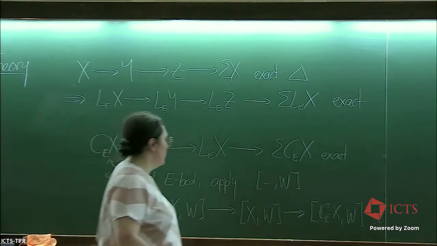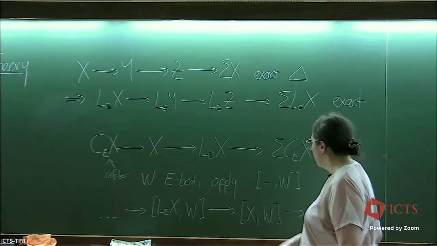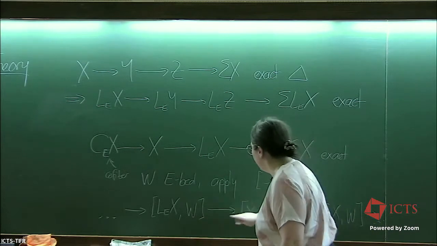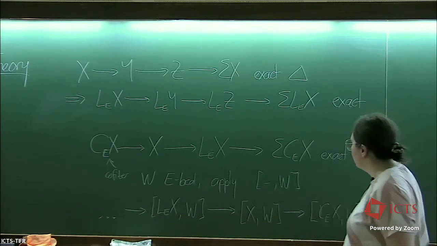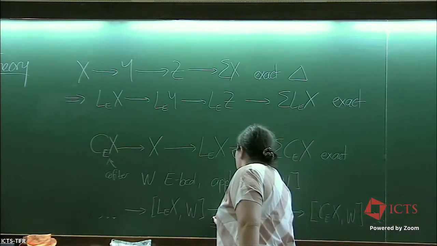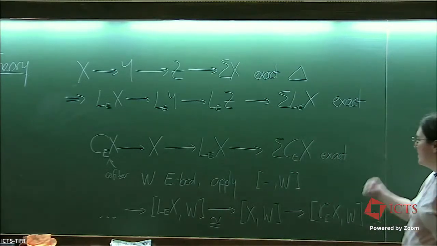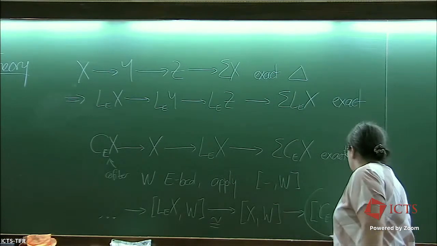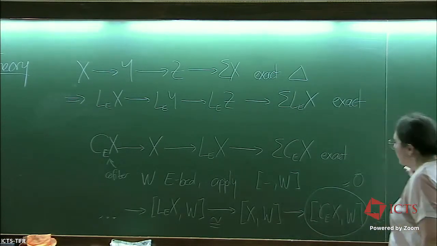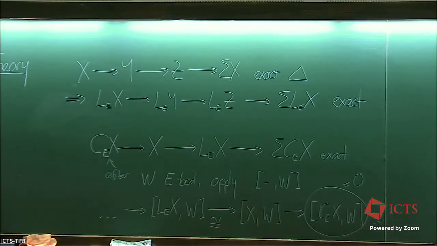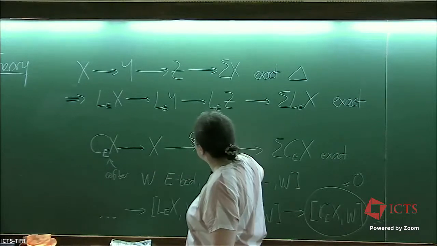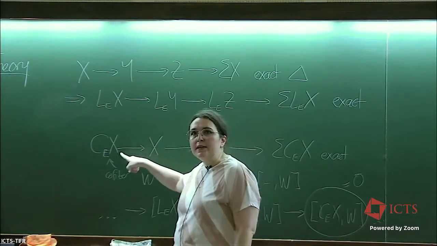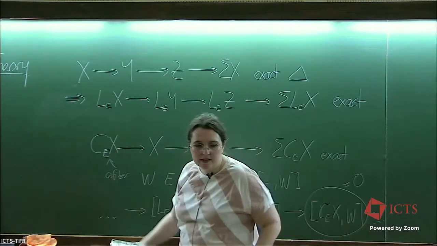And because this one is local and this map here in the first argument is an E-equivalence, you get an isomorphism here. And because it's a long exact sequence, this one is going to be 0. So for every X, you can make a corresponding local object, and you can also make a corresponding acyclic object.